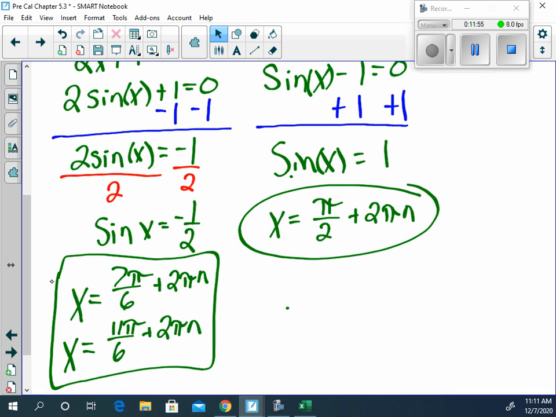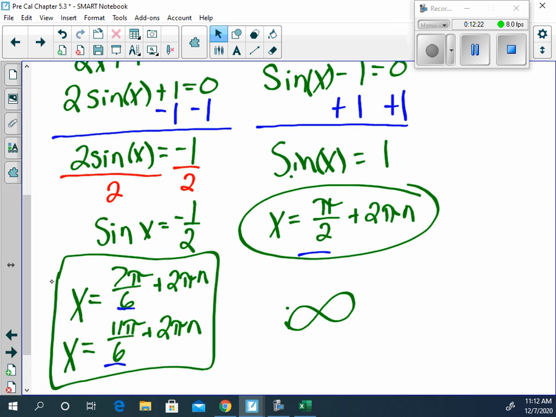Because if we don't restrict it, it's got infinitely many solutions. But if we restrict it, it would have 3 on the interval of 0 to 2 pi. But when we don't restrict it, we have any repetition of these 3 here.